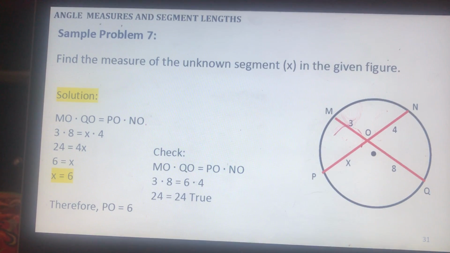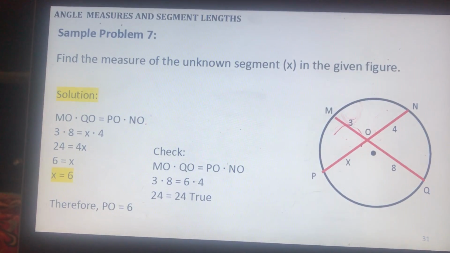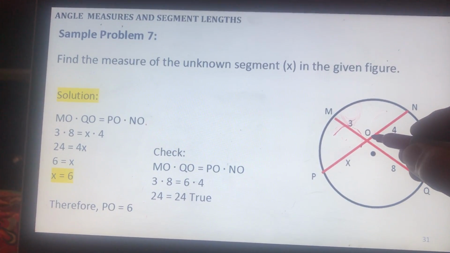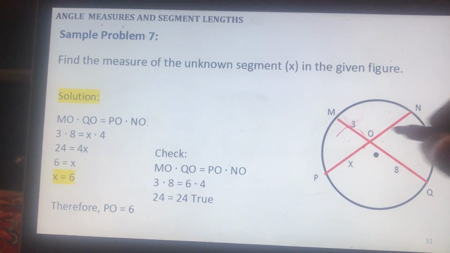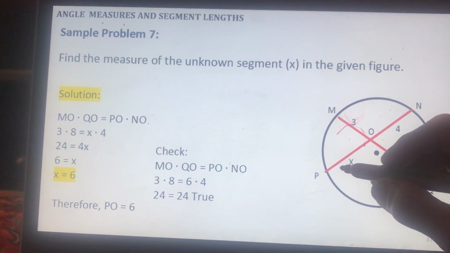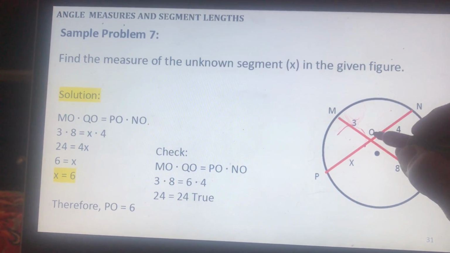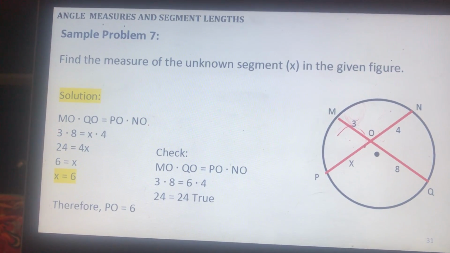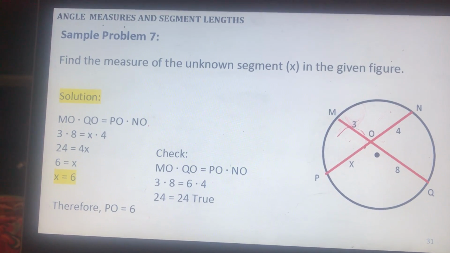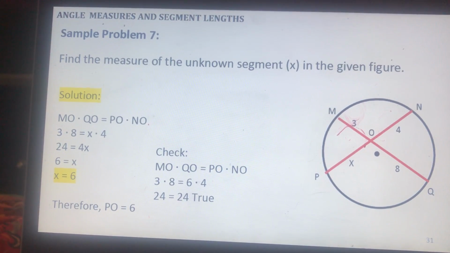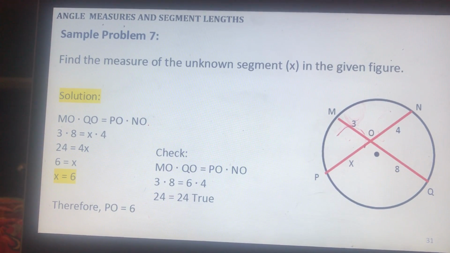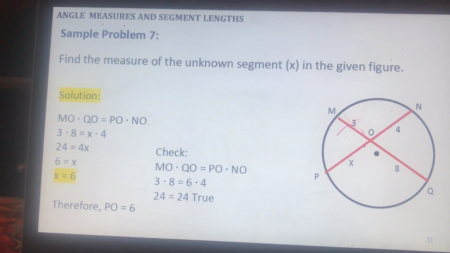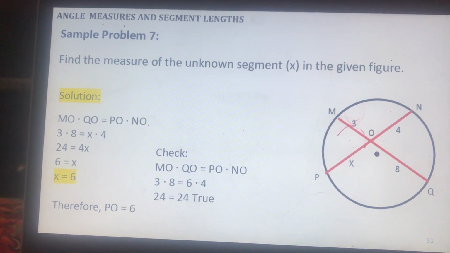So applying our chord rule, MO times QO is going to be equal to PO times NO. They represent the shorter segments in the bigger segment, which is the chord. Now we simply go ahead and substitute our values. MO equals 3, QO equals 8, PO represents our unknown variable x, and NO is represented by 4.